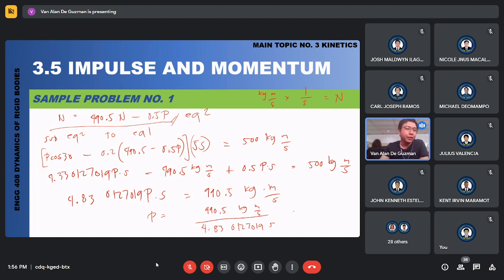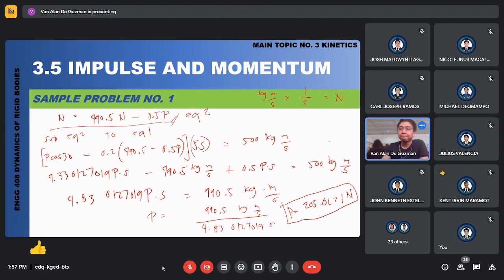So meaning to say, 990.5 divided by 4.830127019, we are left with 205.0671 in newtons. Are we all getting the same answer? Yes. Are we also clear in terms of our units?